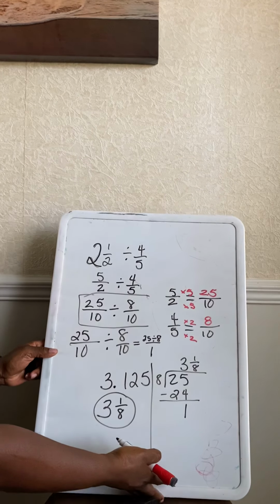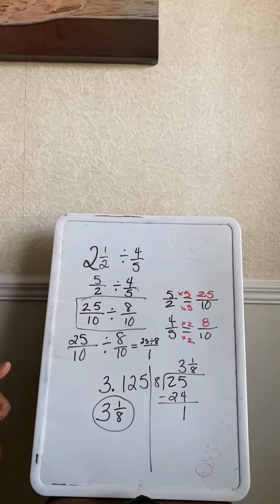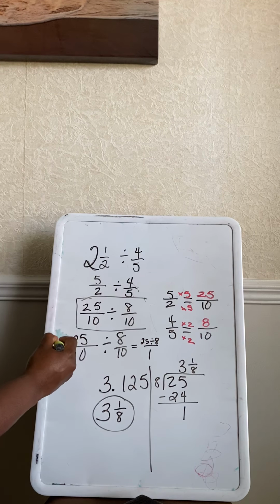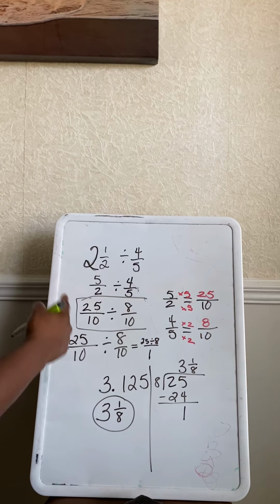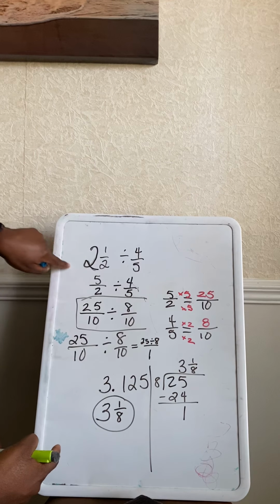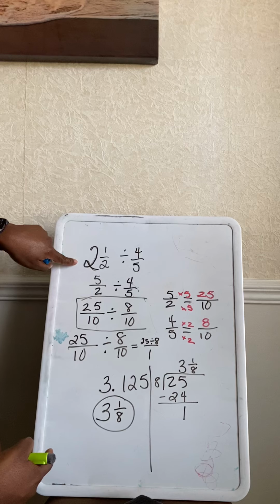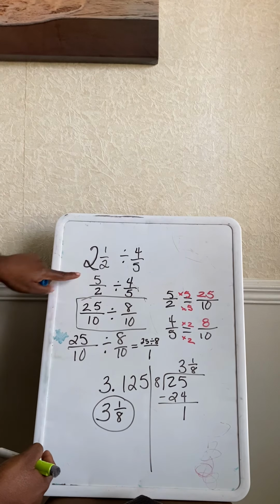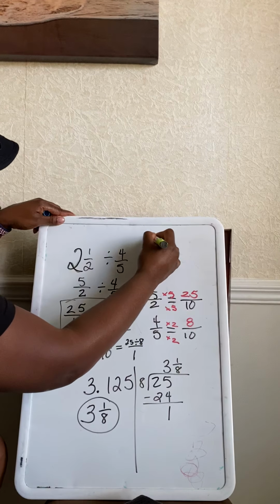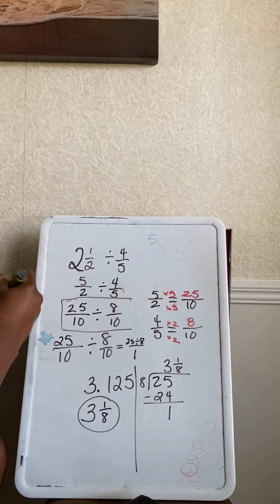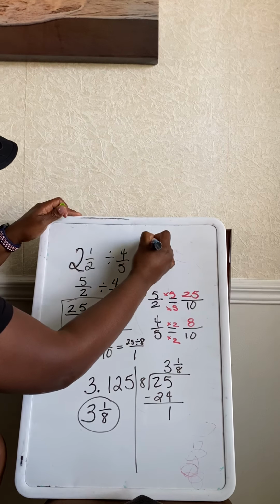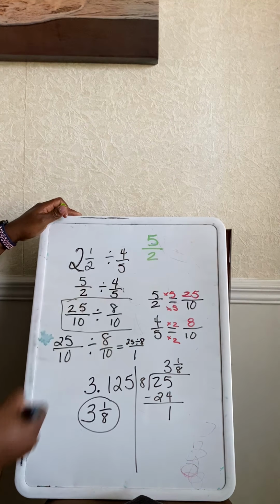And so in this problem, if you were trying to do the reciprocal, you end up getting to this place sooner. You still have to convert your mixed number to the fraction. And so you would get 5 halves. I'm going to put it over here. Oh, that is an ugly color. You cannot see that. There we go. 5 halves.